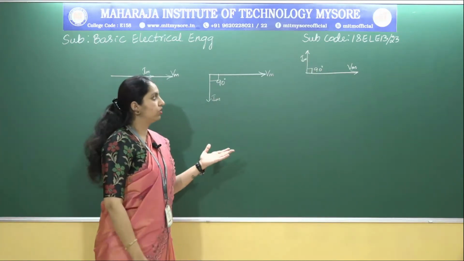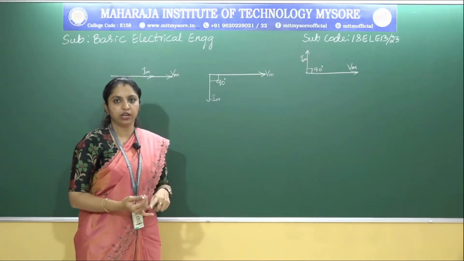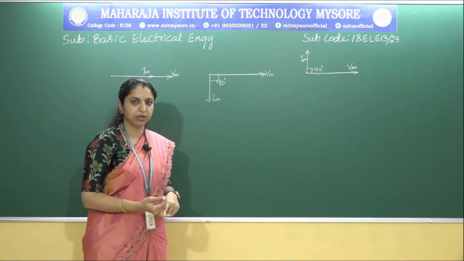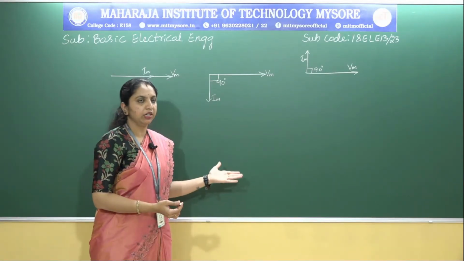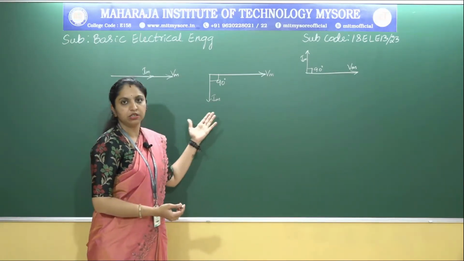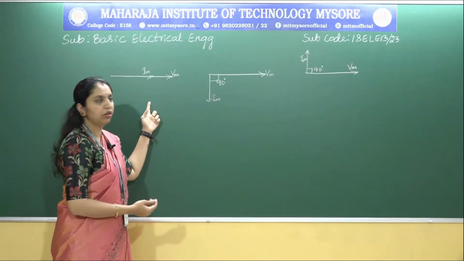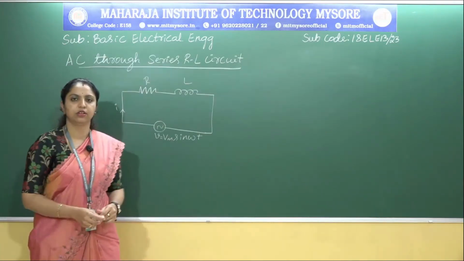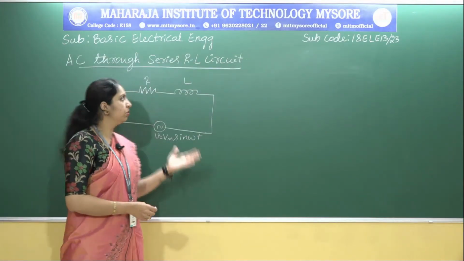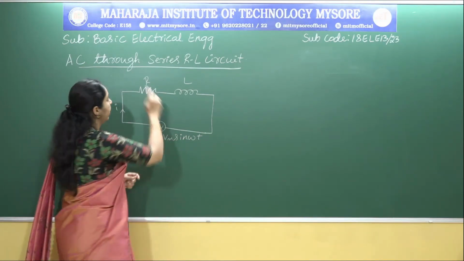Here also there is a 90 degree angle difference between alternating current and alternating voltage, but current leads voltage by 90 degrees. So this is how we represent the pure resistive, pure inductive and pure capacitive circuits in the form of phasor diagrams. Now we shall move on to the next topic, which is AC through series RL circuit.